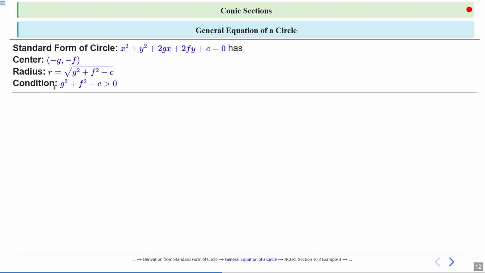So this form has center minus g comma minus f and radius r equal to square root of g square plus f square minus c, and for defining this, the condition is g square plus f square minus c should be greater than 0. I hope it is clear to all of you.